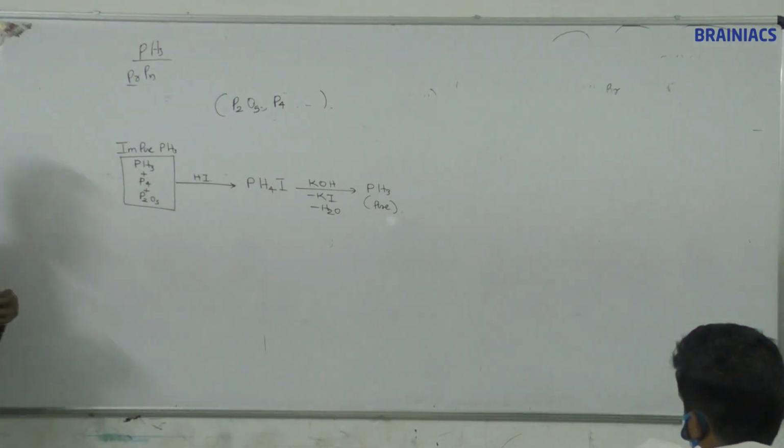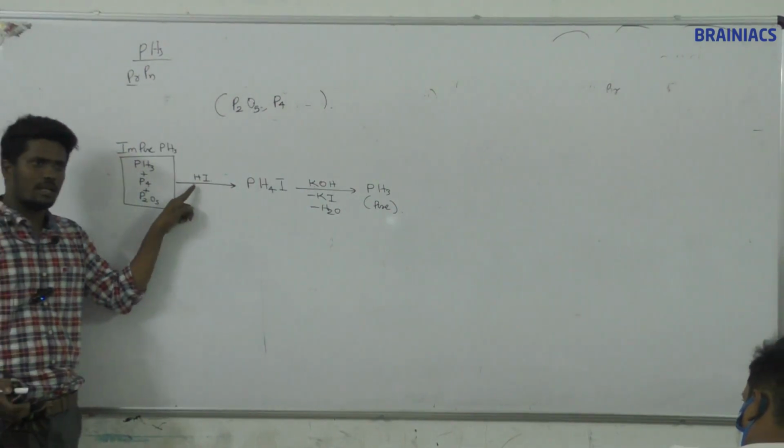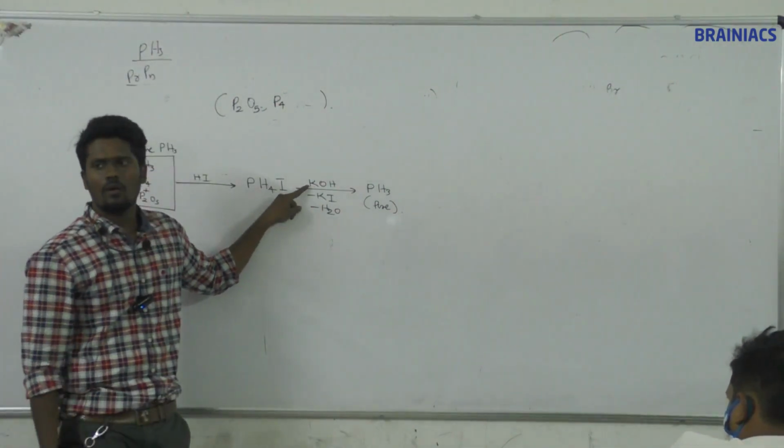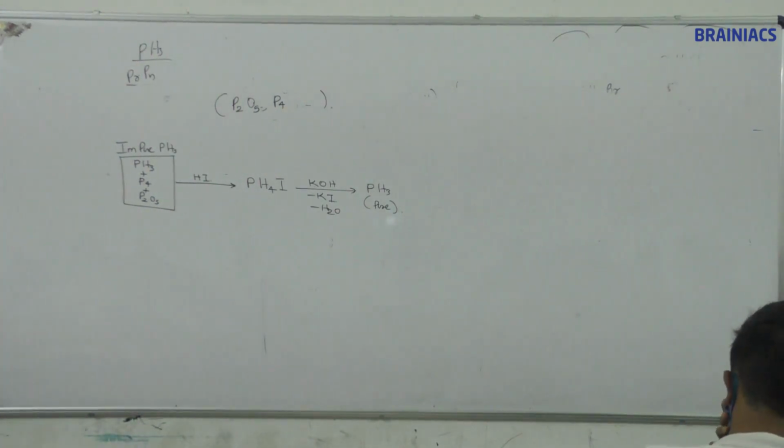So phosphine can be purified by treating the impure phosphine with HI, followed by KOH. Okay, good.